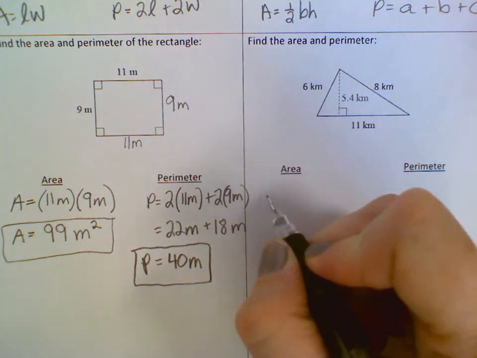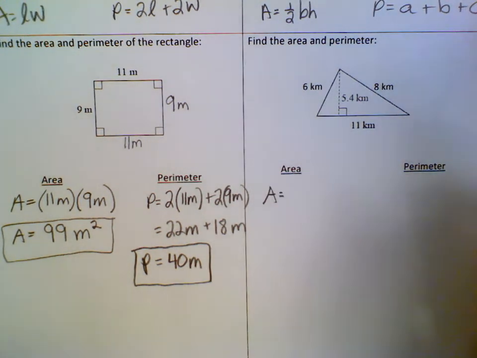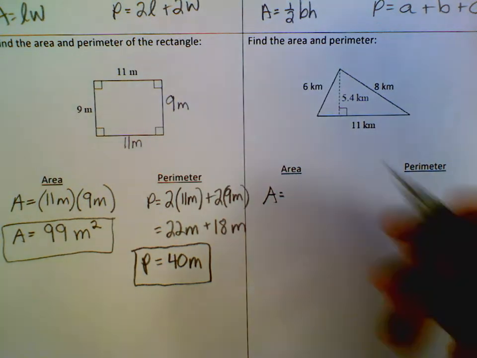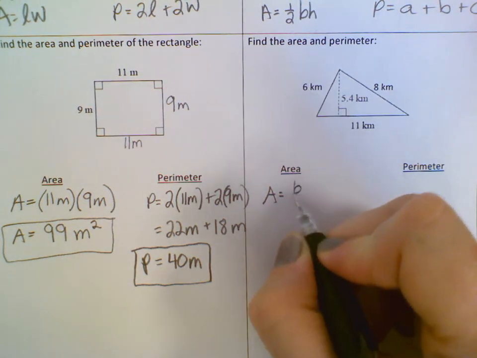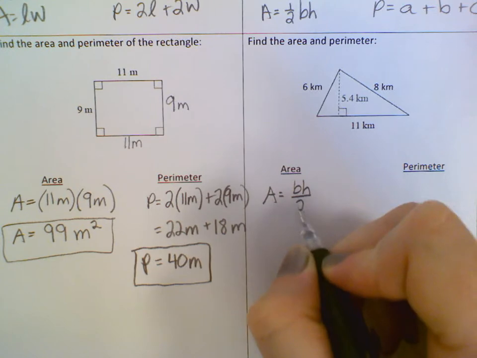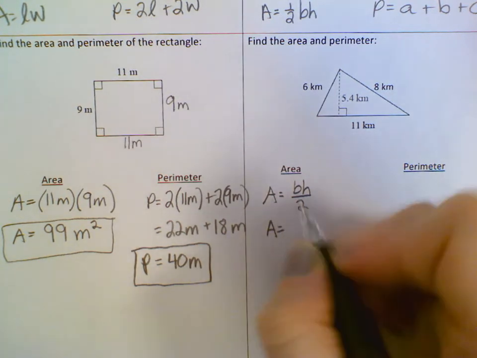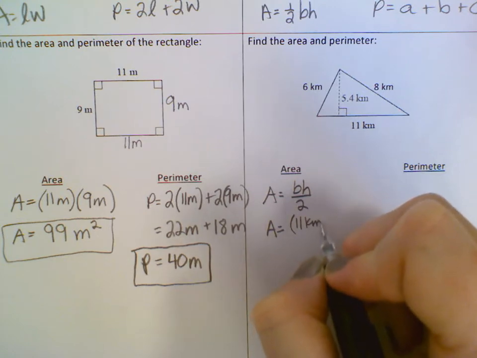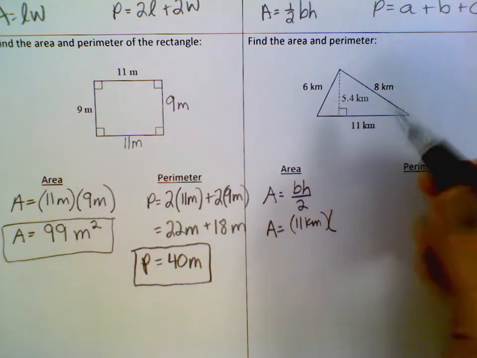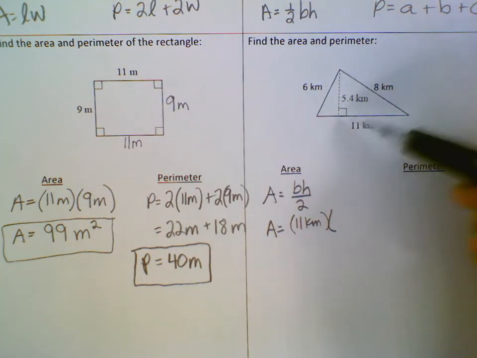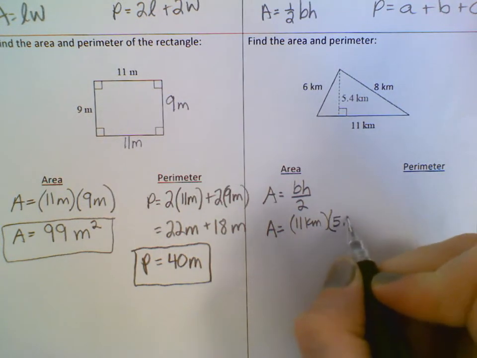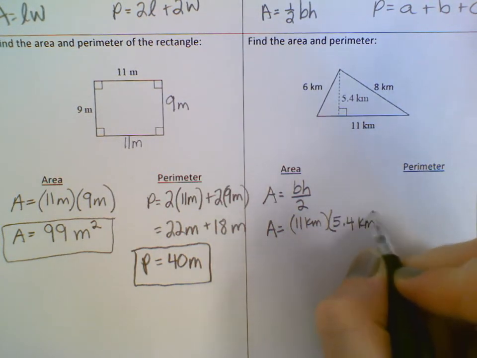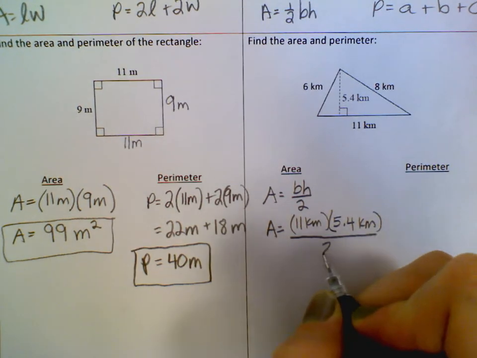Okay, for the area of our triangle, we can choose which of the 2 formulas. I'm going to just go for the base times height divided by 2. Okay, so the base is 11 kilometers. The height is the one that is perpendicular to it, so 5.4 kilometers divided by 2.